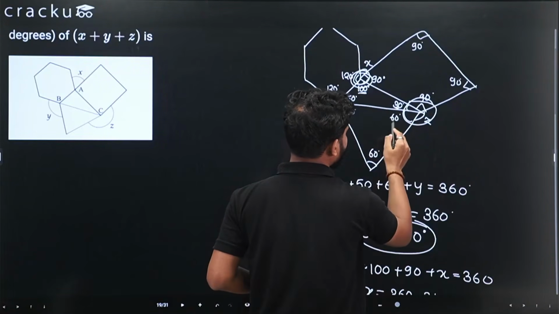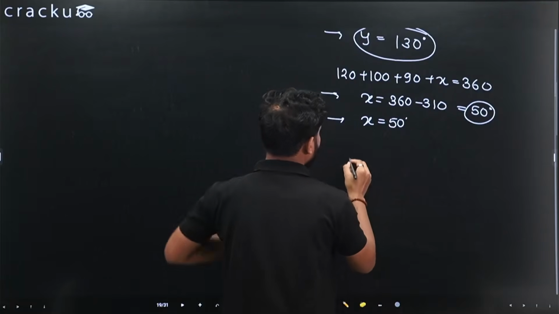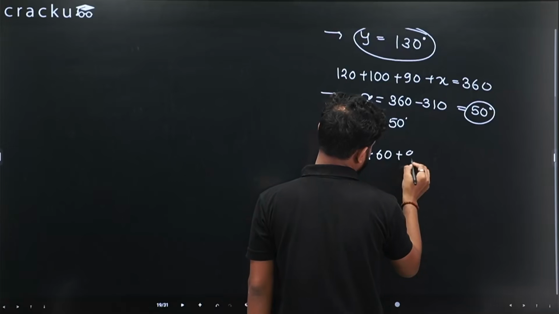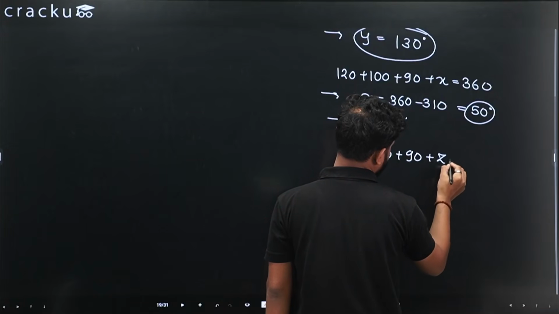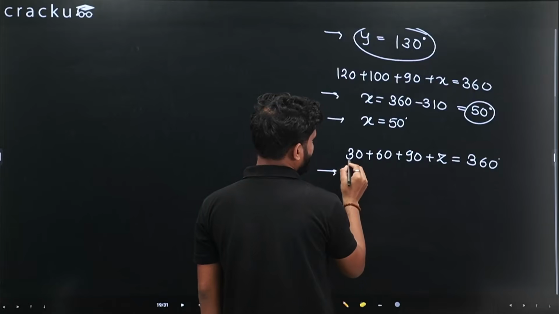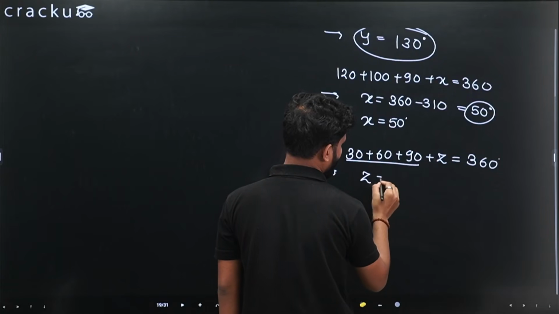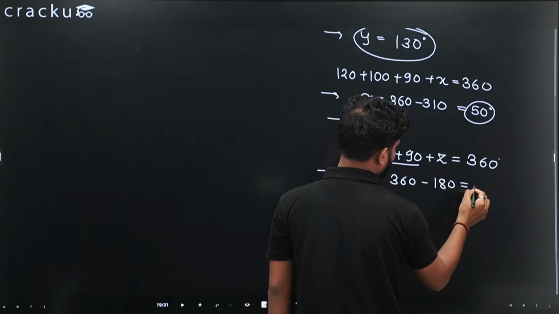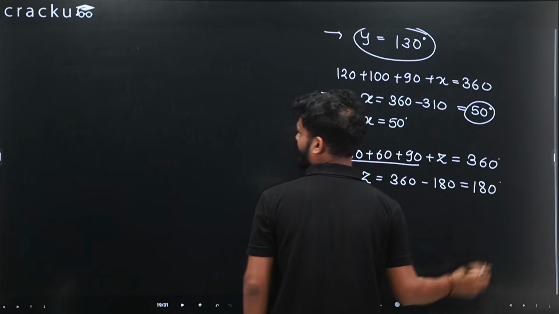Let us find out for this juncture. So I have 30 plus 60 plus 90 and z. So 30 plus 60 plus 90 plus z is equal to 360 degree. From here this is 180. So z will be 360 minus 180, which is 180 degree. Correct?